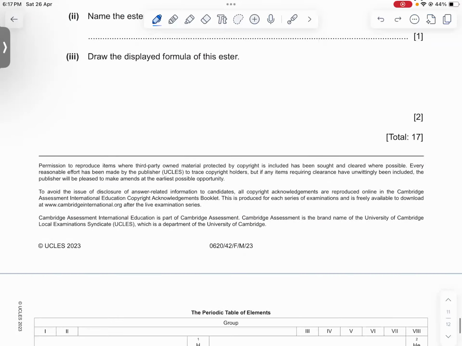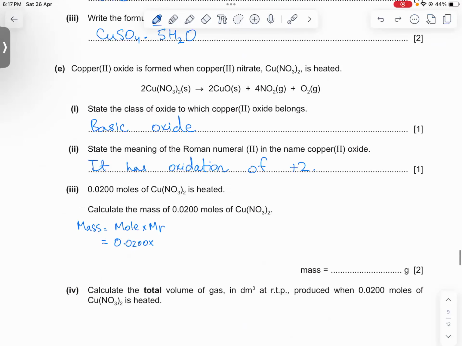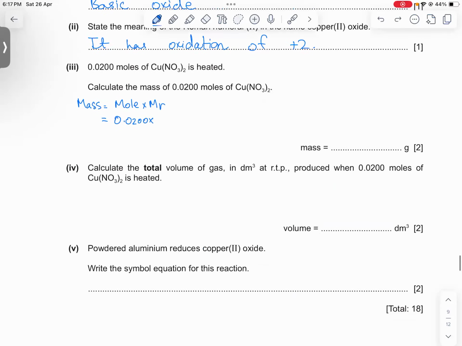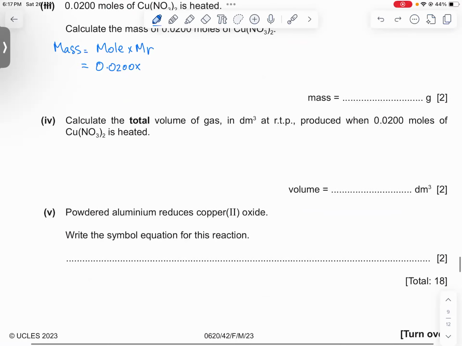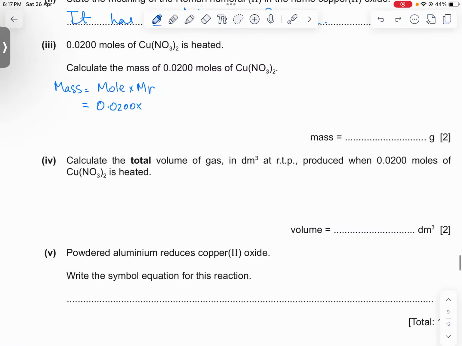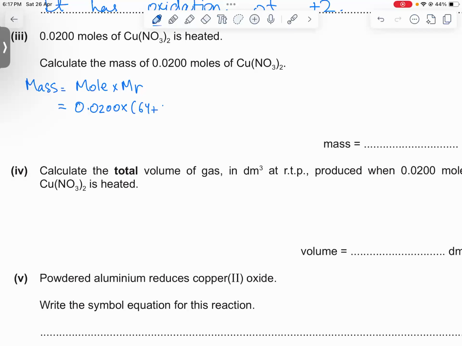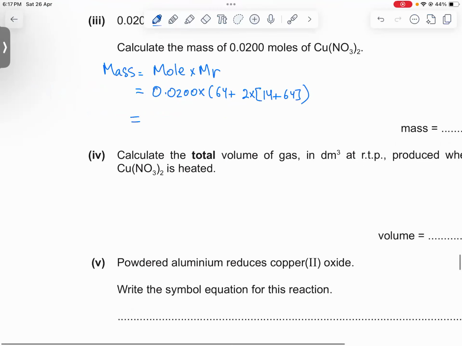The copper nitrate formula, okay? So the mass of copper is 64 plus the nitrates, 2 times nitrogen is 14 plus 3 oxygens is 64, and then bracket. So this becomes 0.02 multiplied by, what is 14 plus 64?